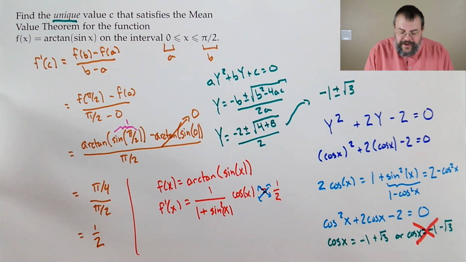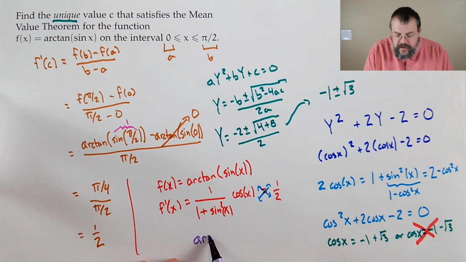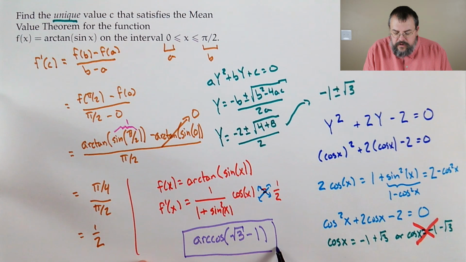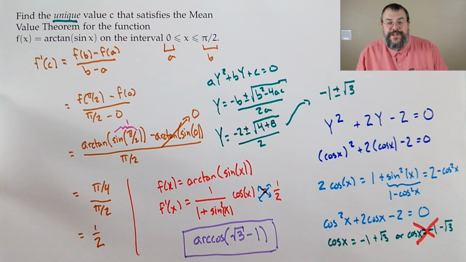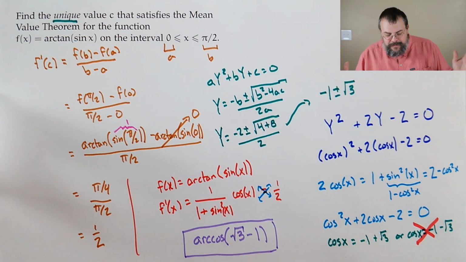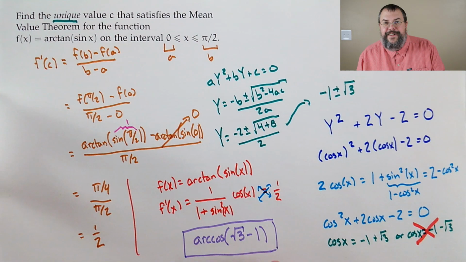So we come to the conclusion that our desired point would be arc cosine of, and I'll just switch the order here, square root of 3 minus 1. And that is the unique location which satisfies the mean value theorem. You never would have guessed that. This is beautiful. I love it. Great stuff.